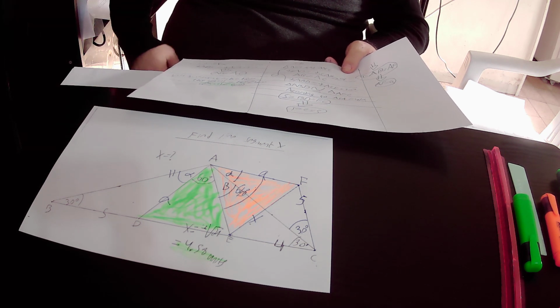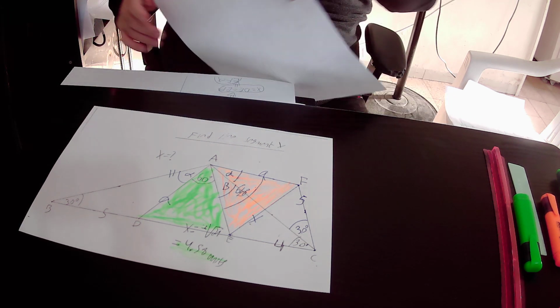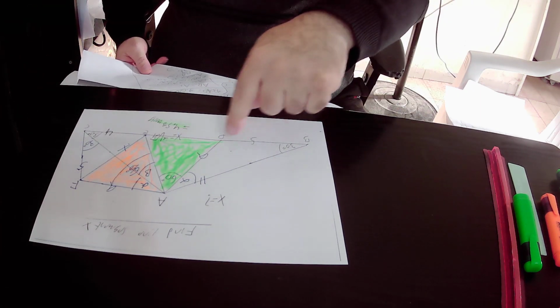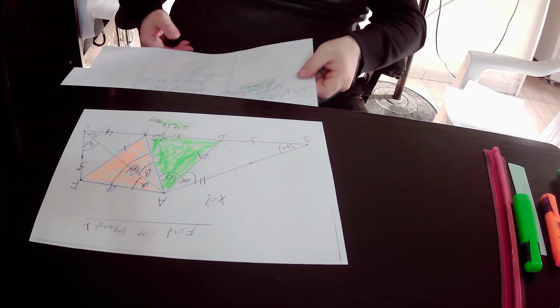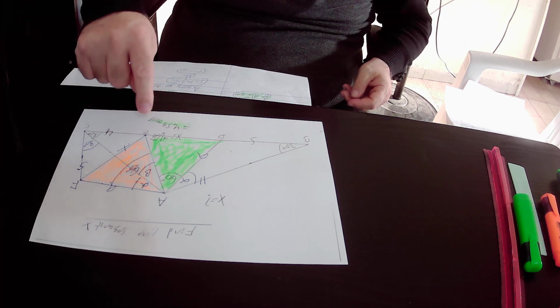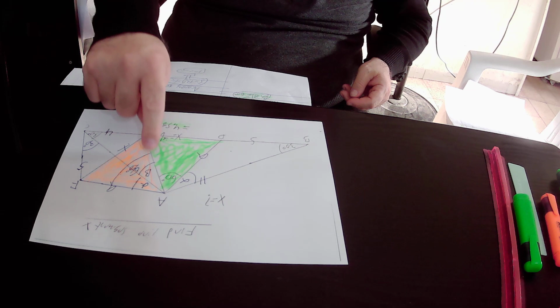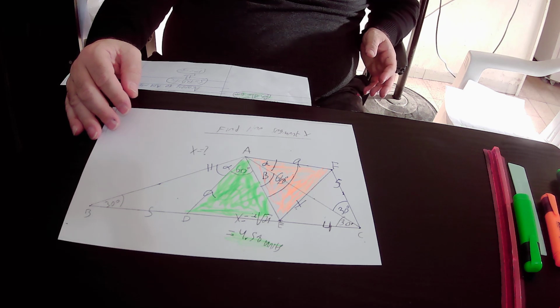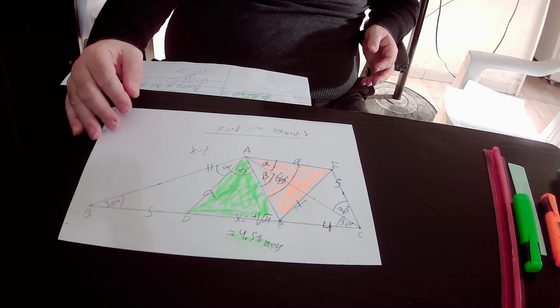Okay. In the next step, we defined angle BAD as alpha, and angle EAC as beta. And we know that the sum of the angles in any triangle is equal to 180 degrees, especially in triangle ABC.